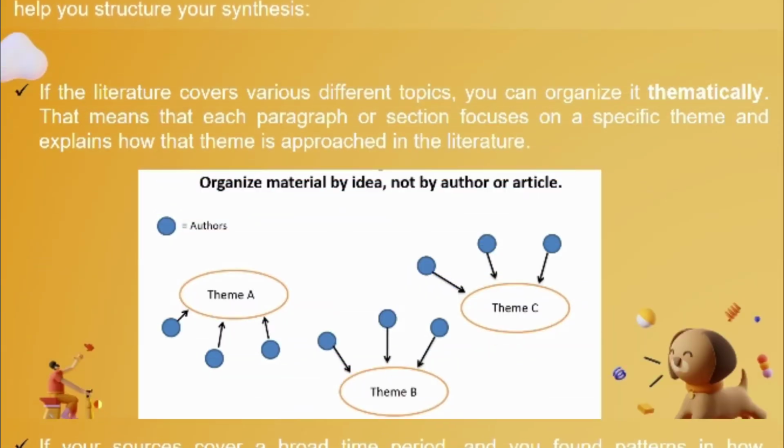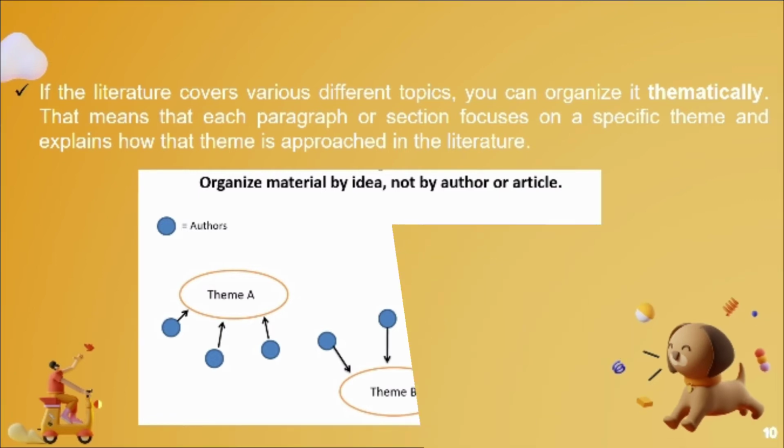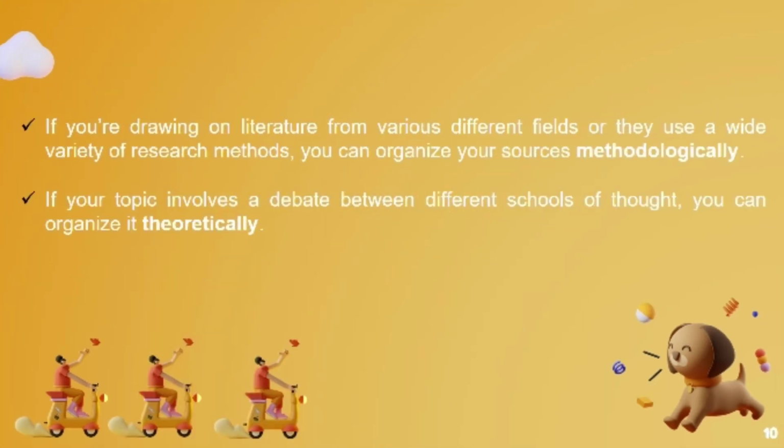Number 2. If the literature covers various different topics, you can organize it thematically. That means that each paragraph or section focuses on a specific theme and explains how that theme is approached in the literature. Number 3. If you are drawing on literature from various different fields or they use a wide variety of research methods, you can organize your research methodologically.